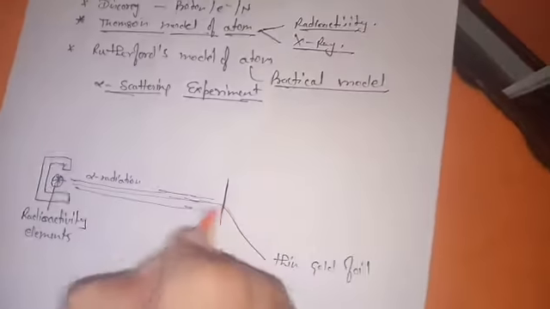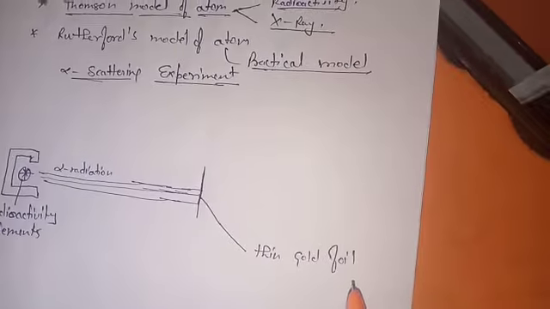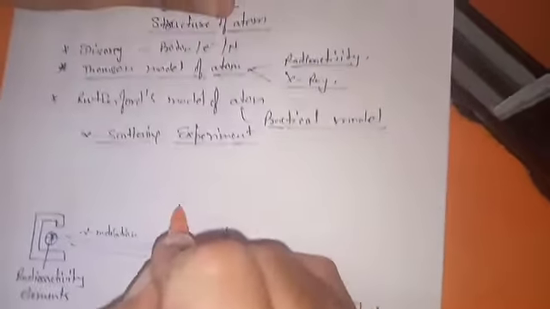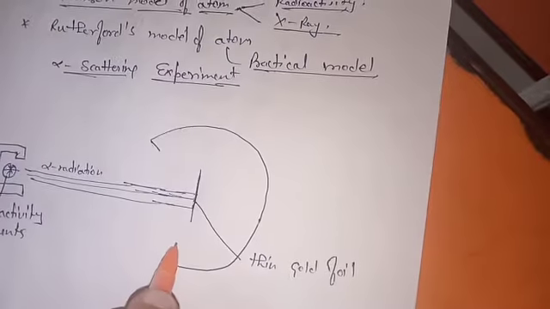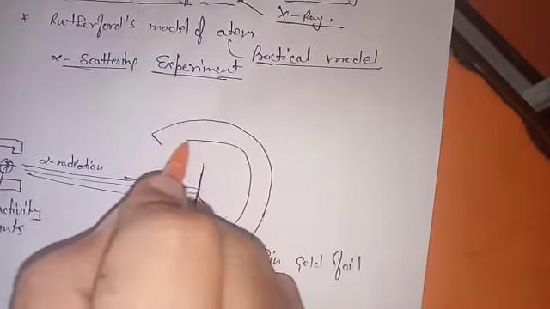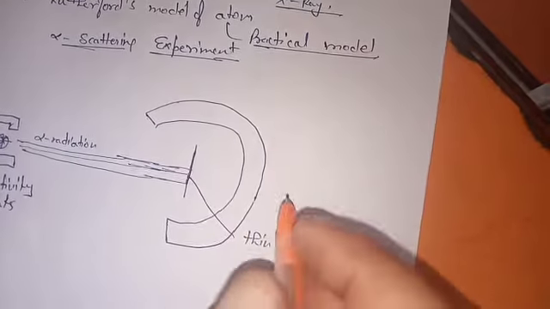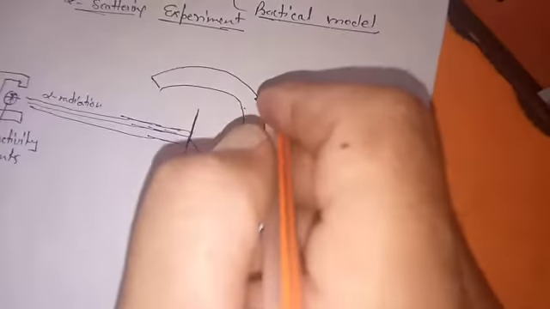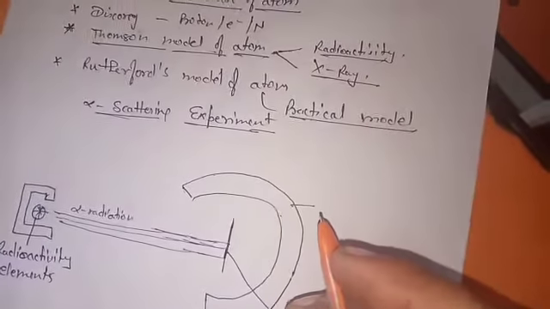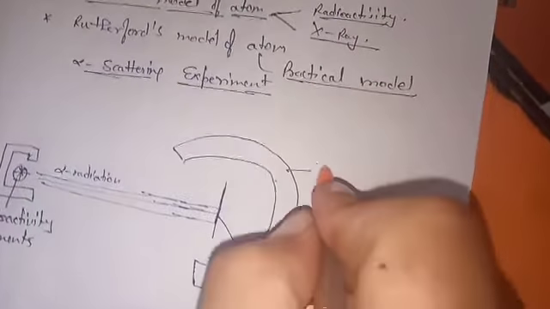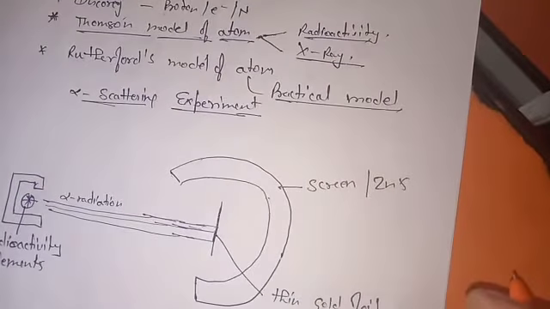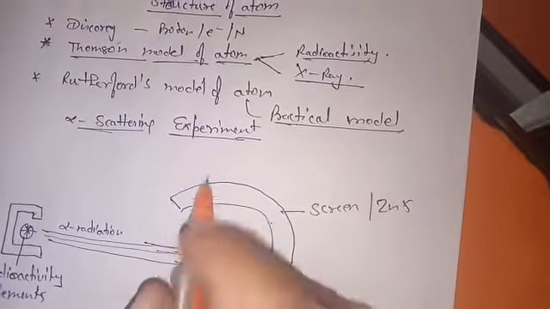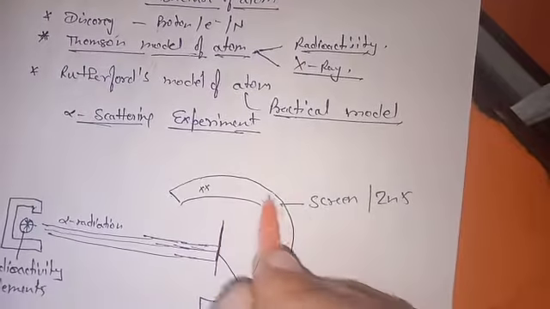He strikes the alpha radiation on the thin gold foil, and around the gold foil he puts a screen. This is a phosphorescent screen, made of zinc sulfide, which can show spots. So he observes spots.